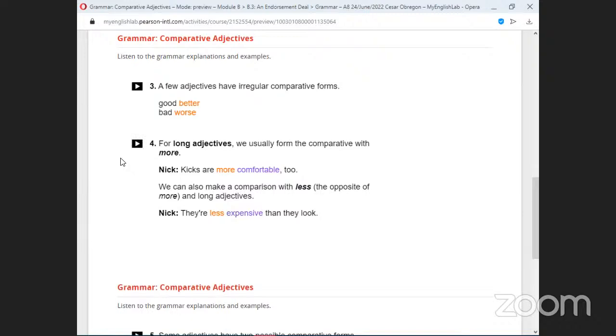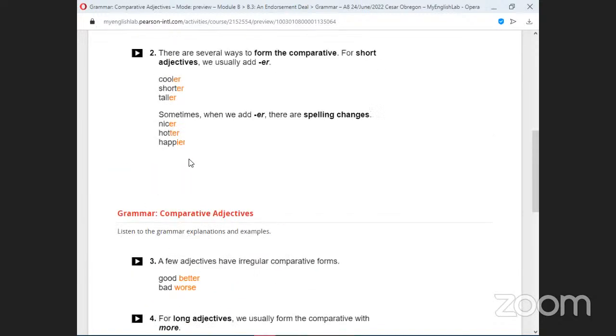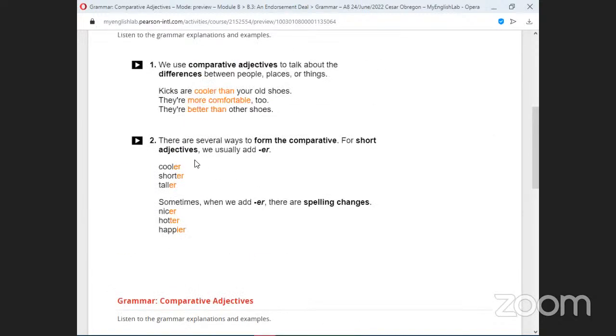So we use more or less not only depending if we're talking about a positive or a negative comparative, but also the difference is the syllables. We have more syllables in this word. If we go back, we have one syllable here. That's why they're short.